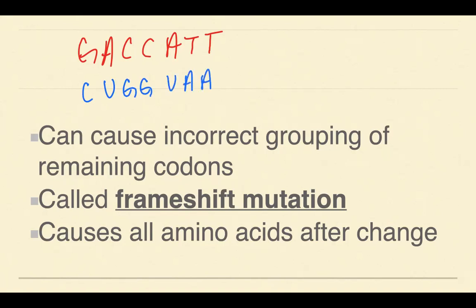So my codons would be, I might have to add some in here, CUG, GUA, let me add a CC, that's fine. So I get 3 codons, GG. So what happens if this C is eliminated?